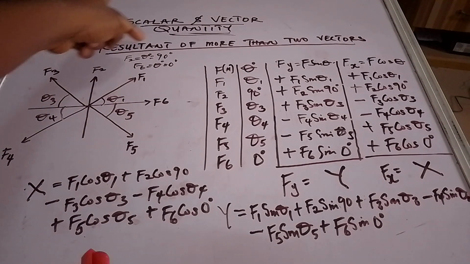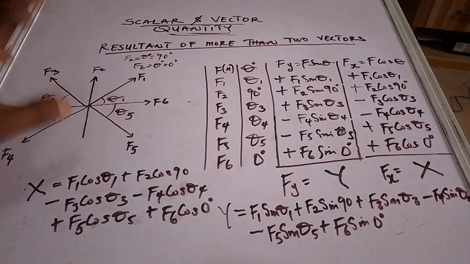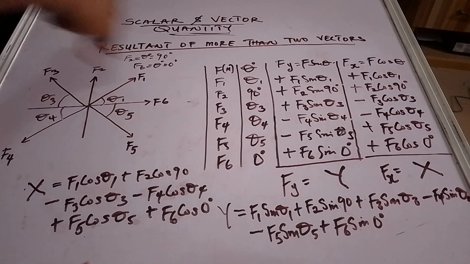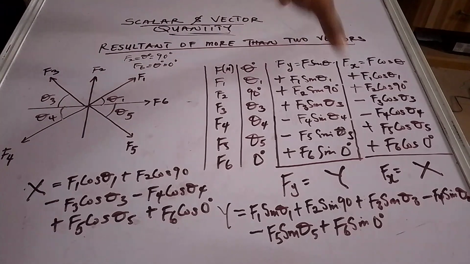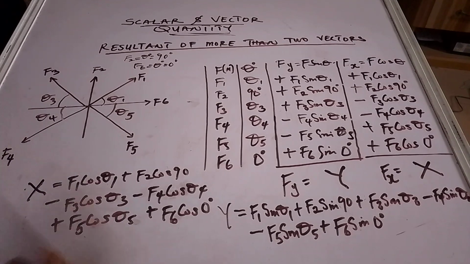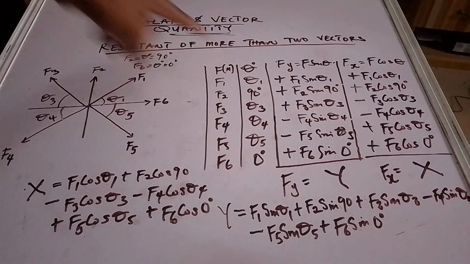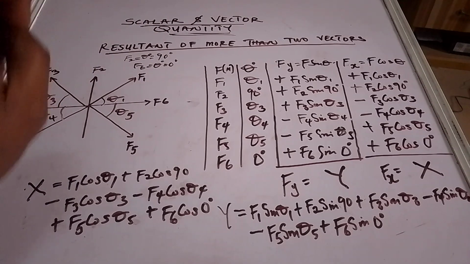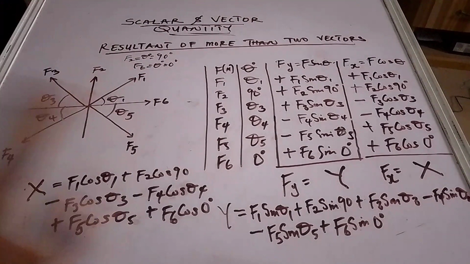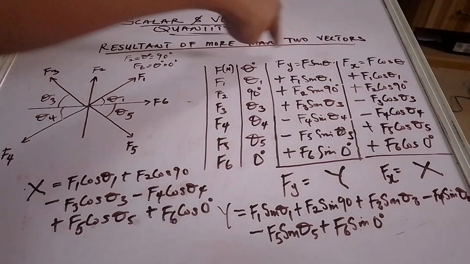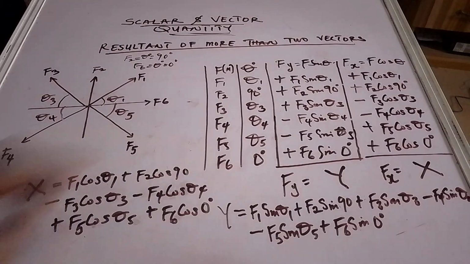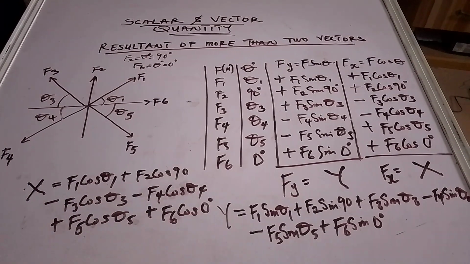Remember, we are doing resultants of more than two vectors, but what we want to achieve is for all these vectors to be resolved into two, vertical and horizontal. There are 6 of them, but we have resolved them into just two: one vertical, one horizontal, whereby the overall vertical component is y and the overall horizontal component is x. So we are going to have an x value and a y value.